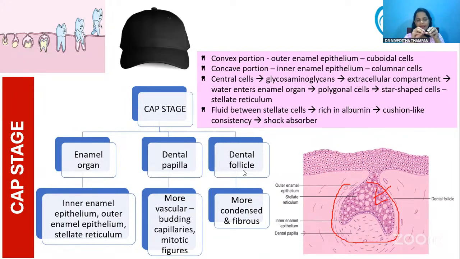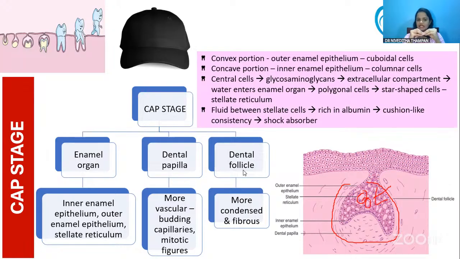When this water goes and stays between the cells like this, these are all water molecules. They will stay between these cells, but the cell to cell attachment is still maintained.